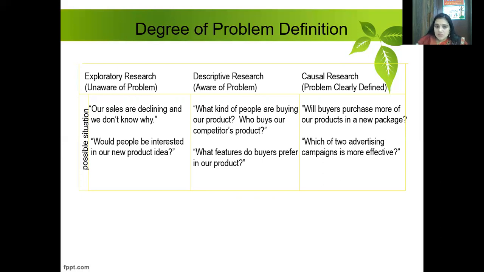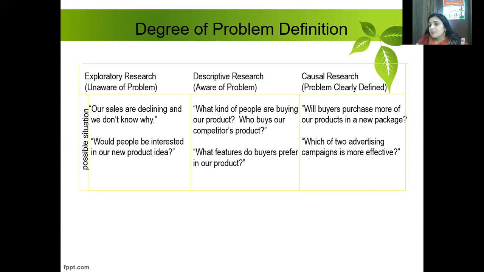Next, causal research. Sometimes descriptive research also leads to causal research. Exploratory research 99% of times leads to descriptive or causal research. When you know a few things, now you are 100% clear what relationship is to be set, so you will be taking variables accordingly.